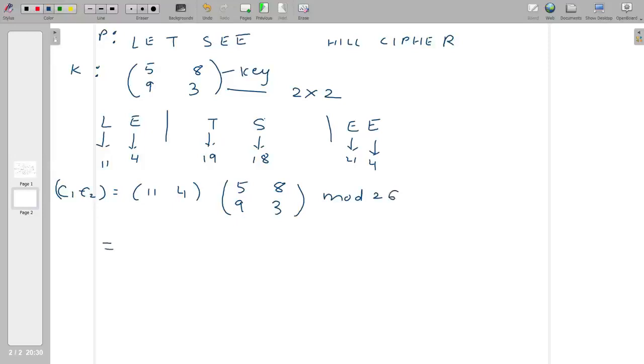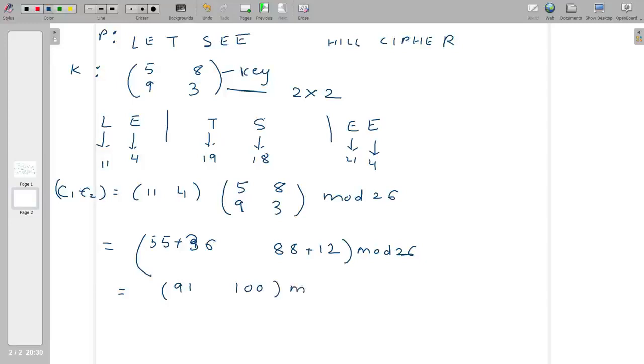So let me write it here. 11 into 5, which is 55, plus 9 into 4, which is 36. Similarly here, 11 into 8, which is 88, and 4 into 3, which is 12, and it is going to be mod 26. So first is 91 and second one is 100.